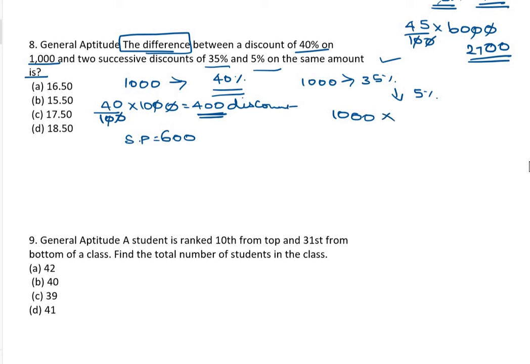First one 35%. So 350 is the discount. The original amount is 1000. So what is the selling price? That is the marked price, 650. Again they are giving a 5% discount. So 5 out of 100, what about 650?